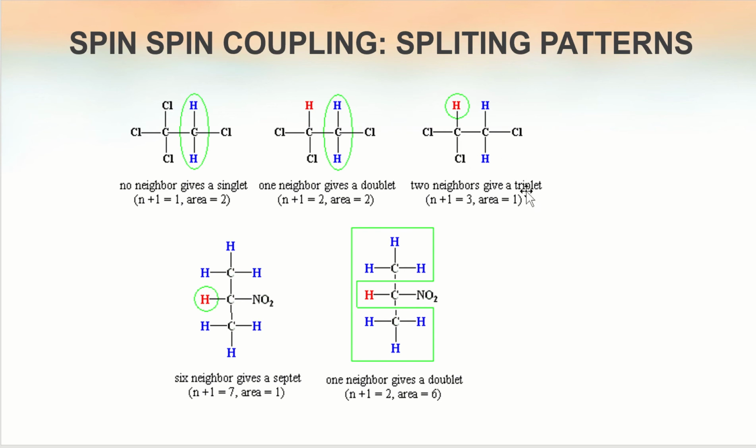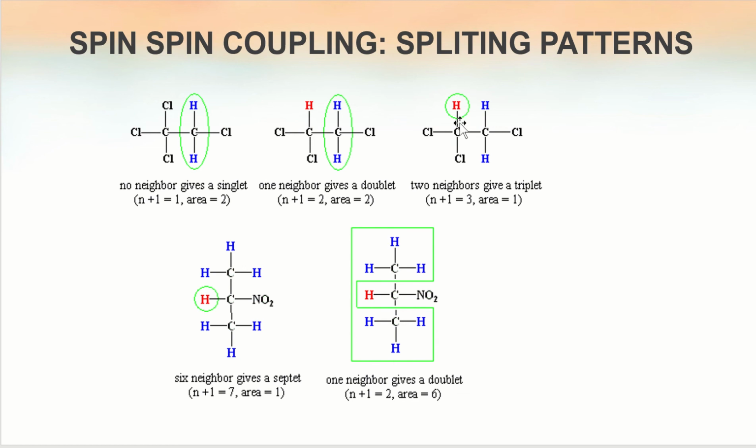All right, so let's look at our triplet. How do we get a triplet? The proton that is circled is the proton of interest this time. Previously, our protons of interest have been these two, the same methylene that was circled.